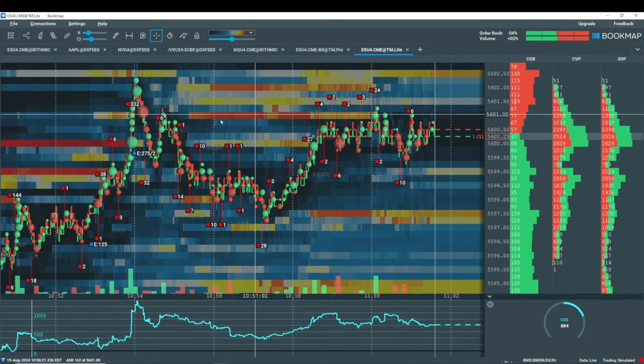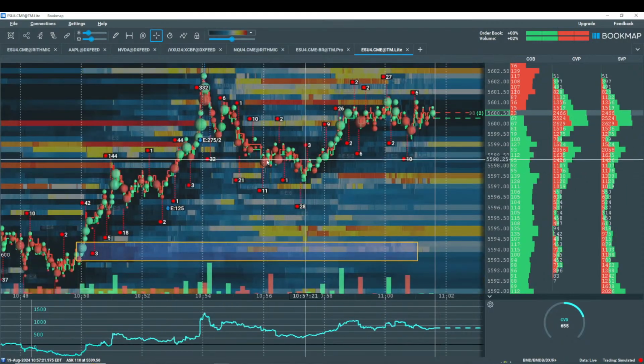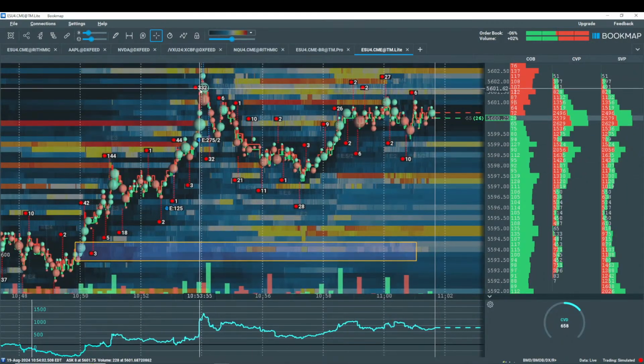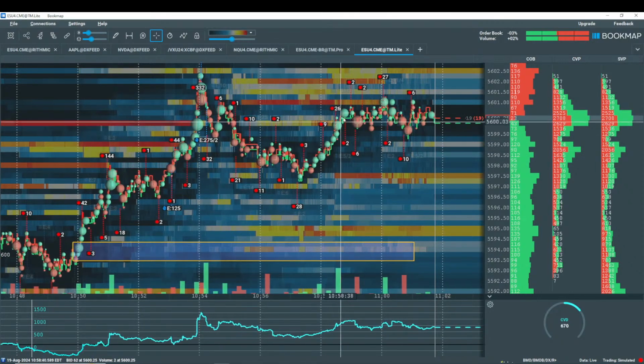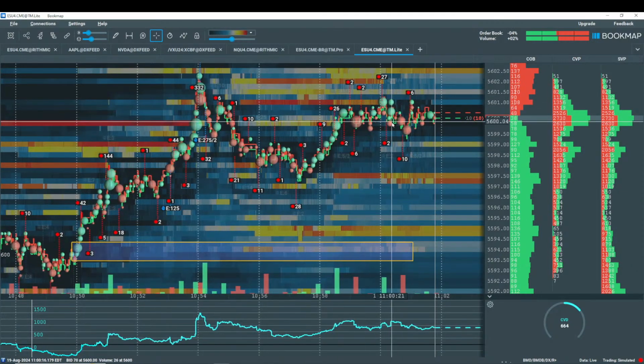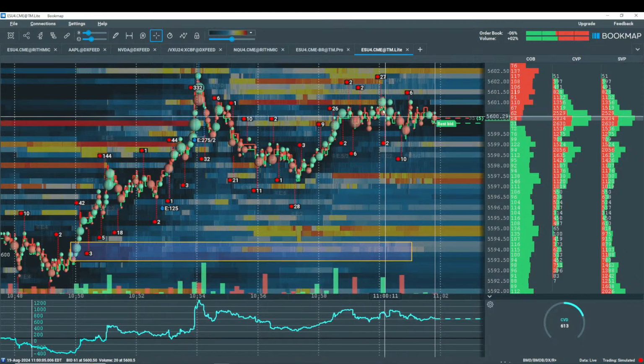Boy, it's a hard read. If we zoom out a little bit and look at this whole area in here, we know this is the stop run, and we know that we got more buyers coming in, but we see this back and forth with some selling, some buying.